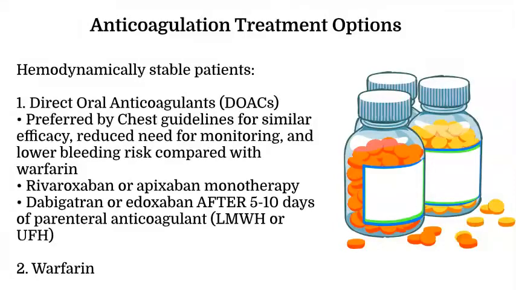So with that, we typically use low molecular weight heparin or enoxaparin, and we continue to use that while the patient is on warfarin. So we use both, and then once the patient's INR is 2 or above, then we stop enoxaparin. So that's called the bridge that we typically do.